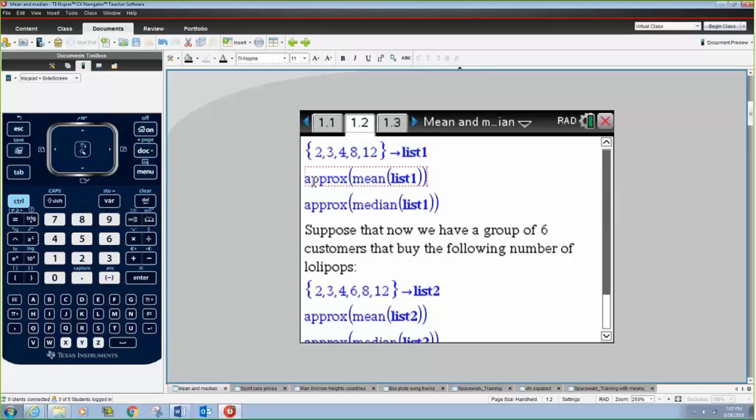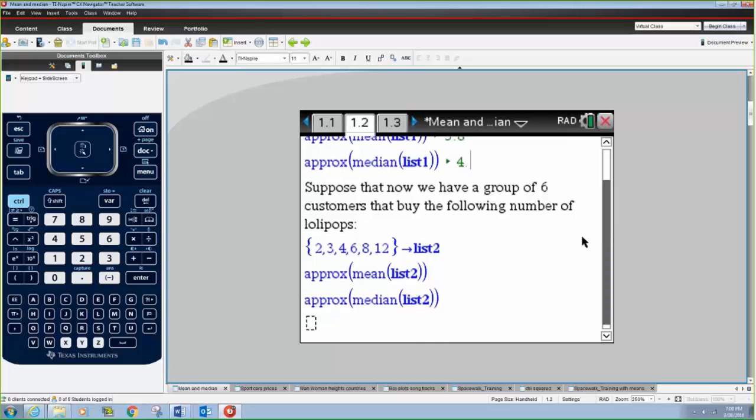And now, as you can see, I have approximate values here for mean and median, because whenever I find them and the calculator is in auto, they come as fractions, and that is quite annoying because you usually forget to press Control Enter. So that's one of the ways of overcoming this particular difficulty, using the approximate. So that was the first list we had with mean and median.